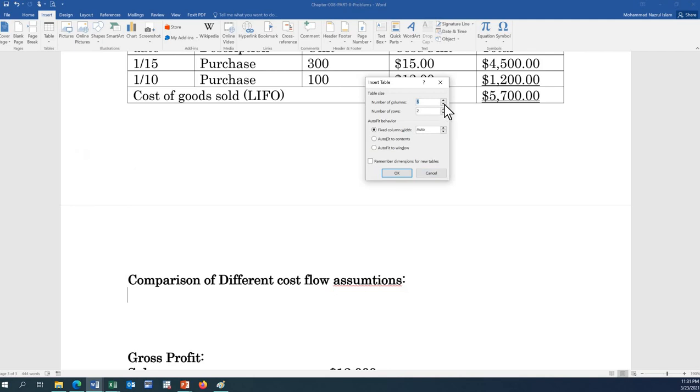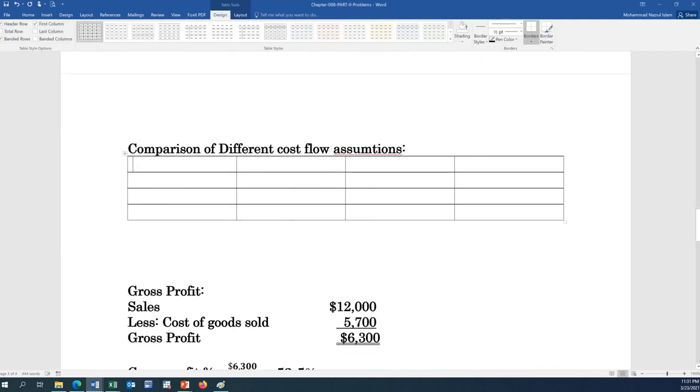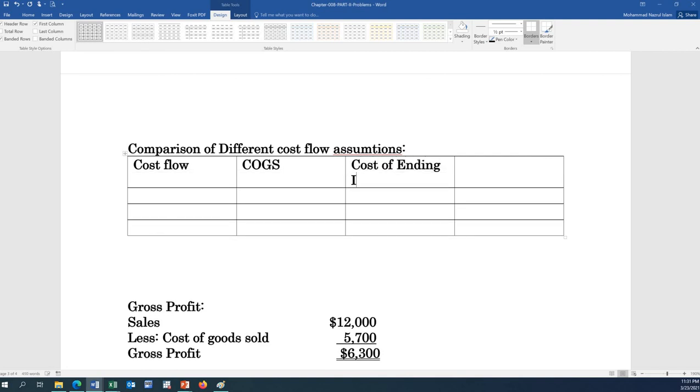We can take the cost flow, then cost of goods sold, cost of ending inventory, and then gross profit percentage. The methods are the average method, first in first out, and last in first out.